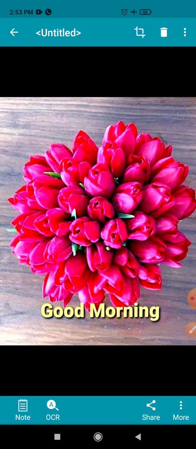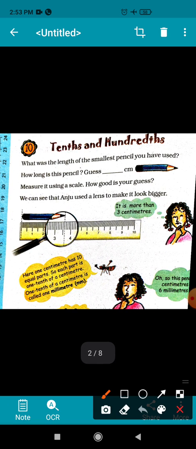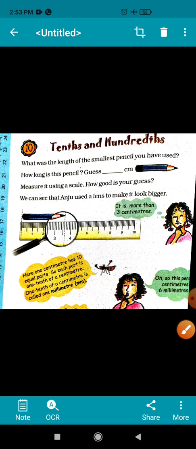Today, in this class, I will start a new chapter, and the name of the chapter is Tenths and Hundredths. Children, before this, you all had learned about the fraction, and you all know that fraction is a part of a whole.